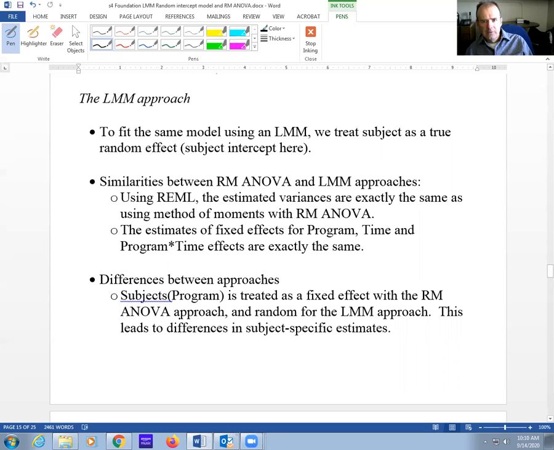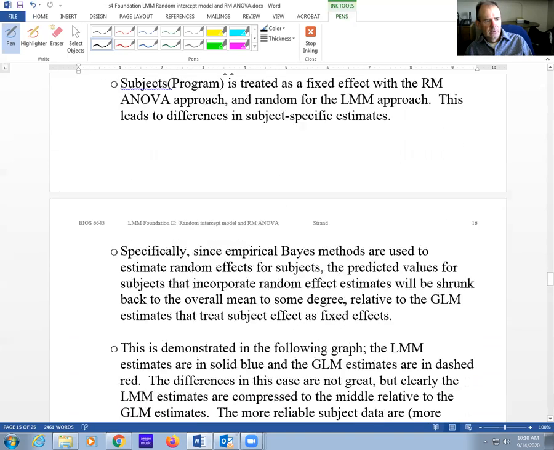For the repeated measures ANOVA, we treated subjects within programs as a fixed effect, even though it should be random. It makes more sense, I think, for it to be a random effect, but that's initially how we specified the model. And this is going to lead to some differences in the subject-specific estimates.